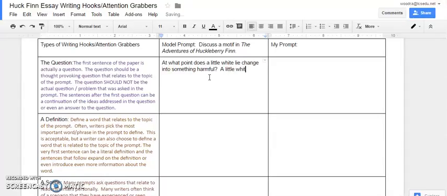A little white lie is often told to protect someone's feelings, or maybe even to cover up a small bad deed.